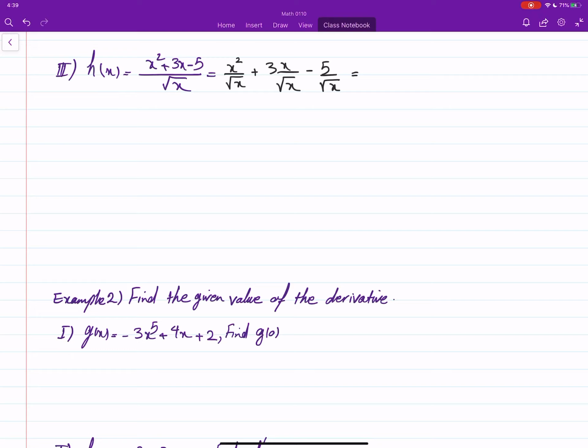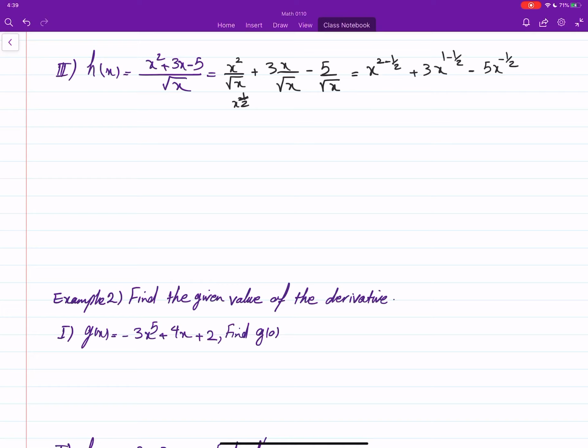And then you see here, this is x to the power 2, the first one. And then in the denominator, you have x to the power 1 over 2. X to the power 2 divided by x to the power 1 over 2 will be x to the power 2 minus half, plus 3x to the power 1 minus half, minus 5x to the power negative half.